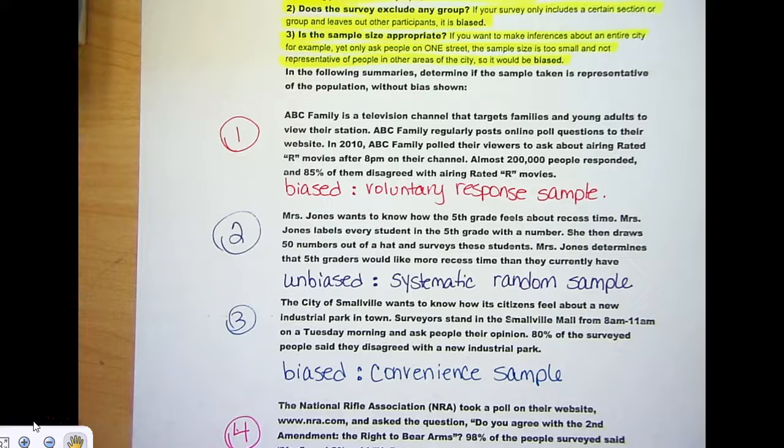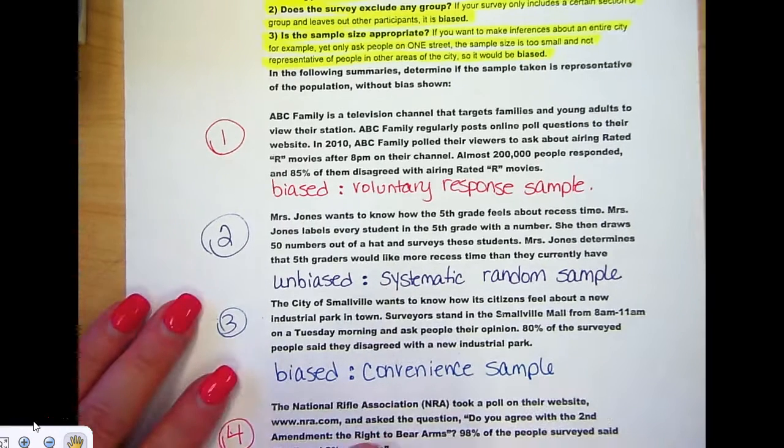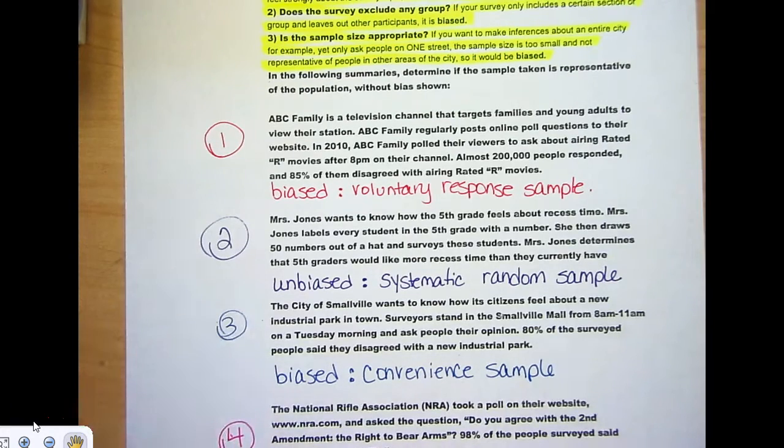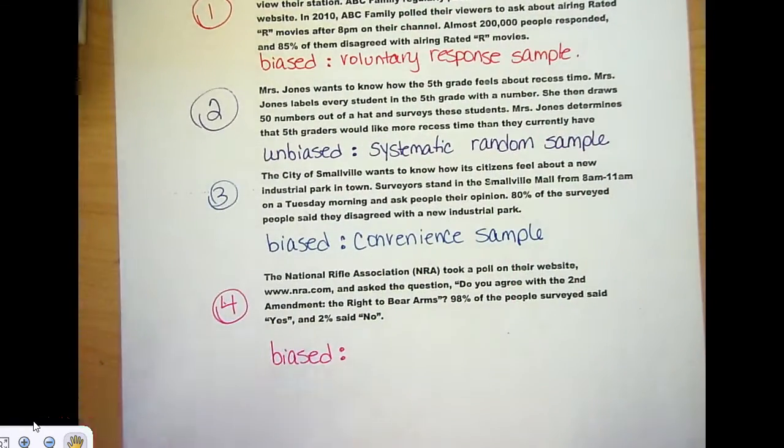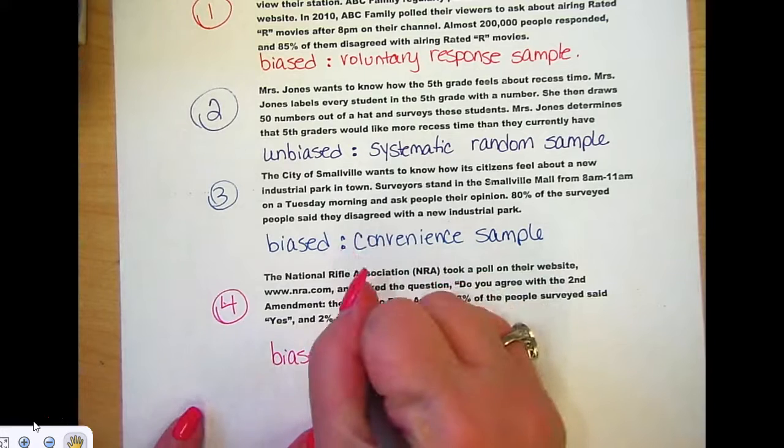I say it's biased because there are analysts of the gun. Yes. First of all, it is biased, because it's people that are on their website. So normally if you're on the NRA website, you probably already have some strong opinions about the Second Amendment. And also it is a voluntary response sample.